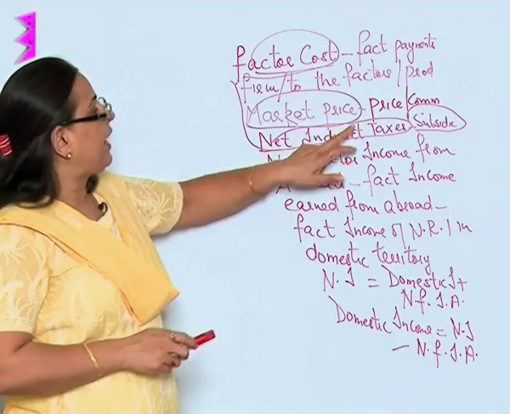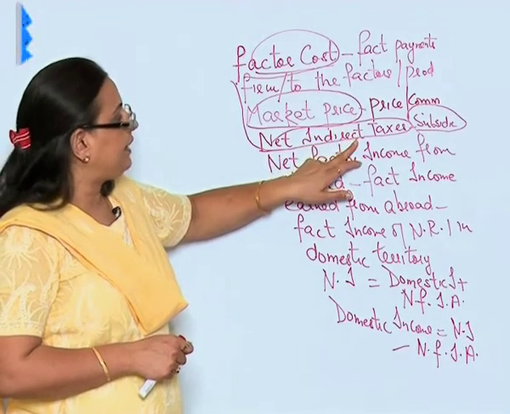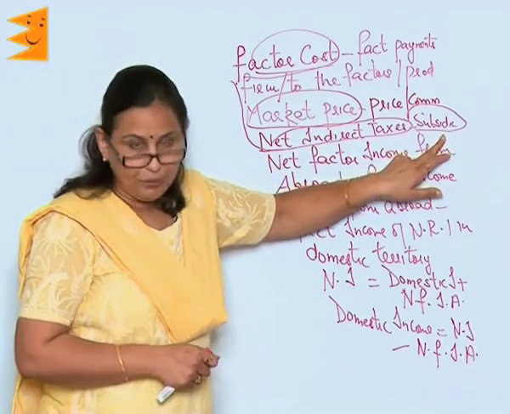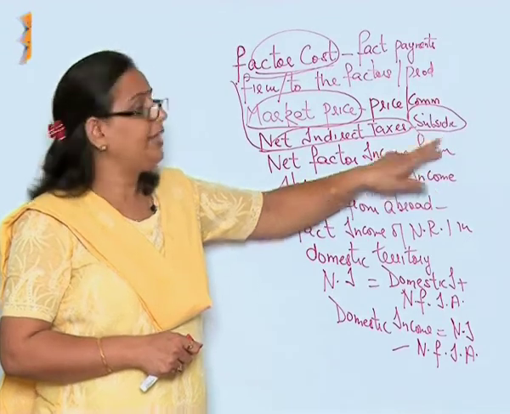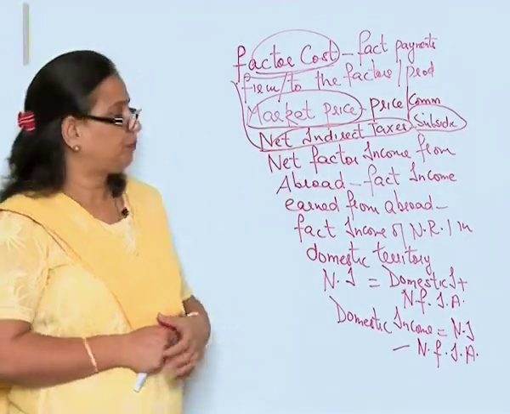So, for the market price, we have to see that either the indirect tax or the subsidy is calculated accordingly.